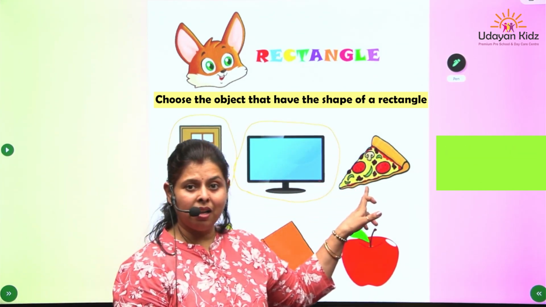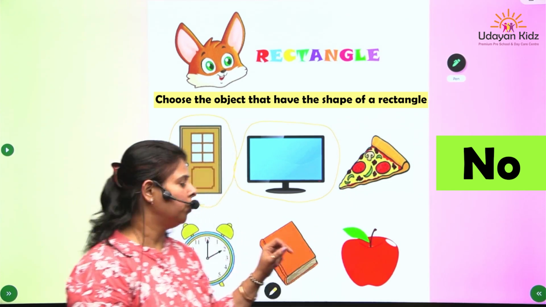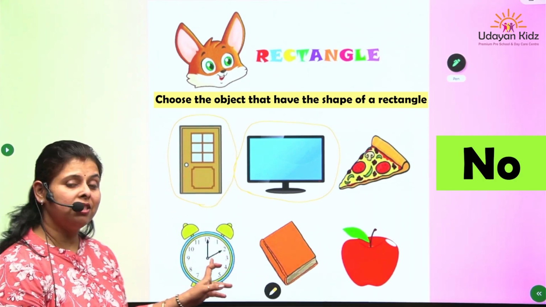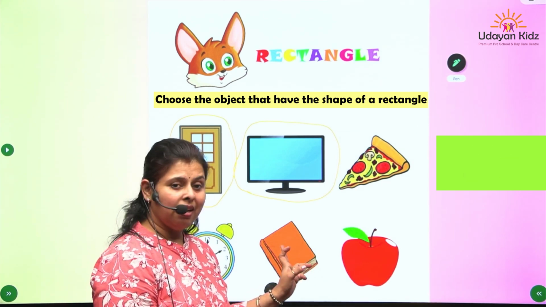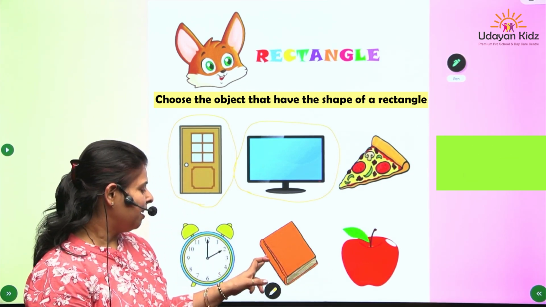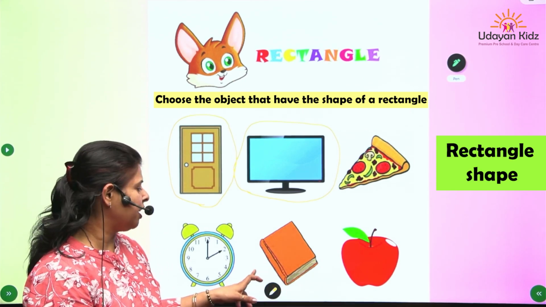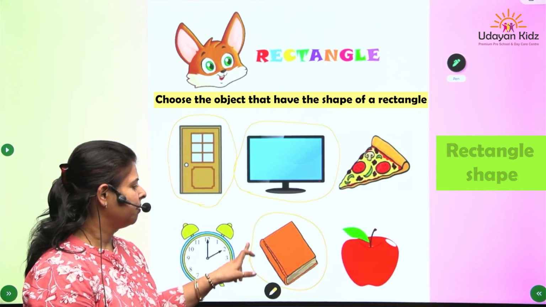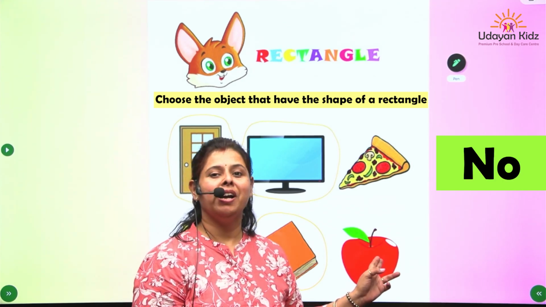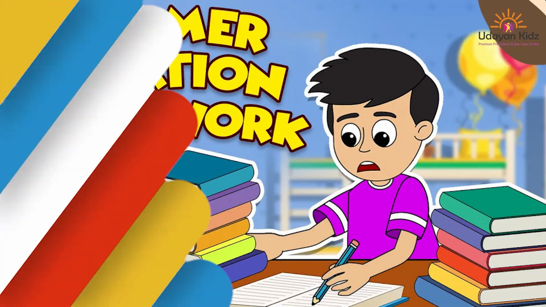Is this rectangle? No. Is this rectangle? No, it's not. Is this rectangle? Yes. This is in rectangle shape. Is this rectangle shape, children? No, it's not. Do it yourself.